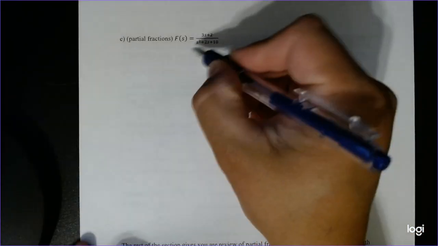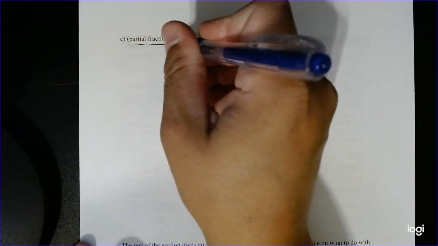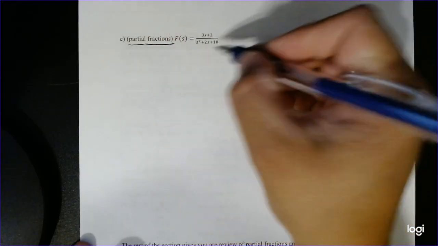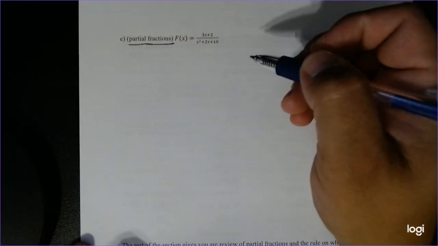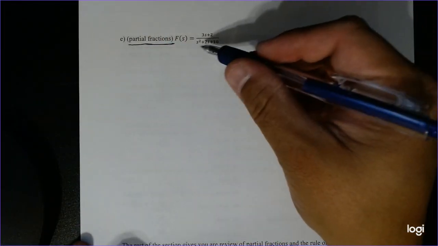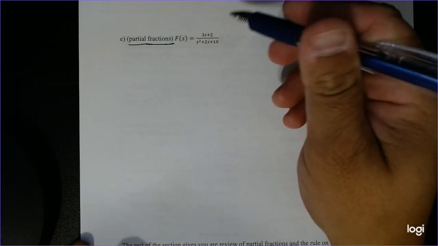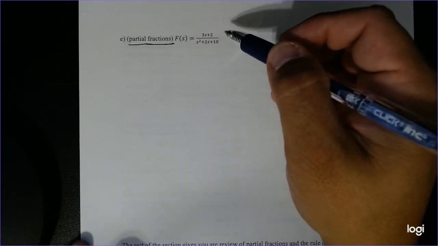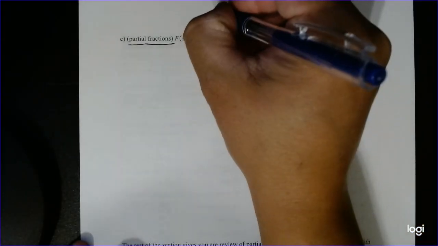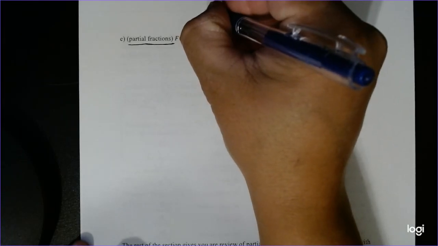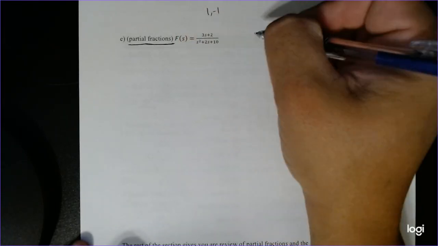So first off, when I give you the hint of partial fractions, I got to split up the fractions somehow. Unfortunately, I cannot actually break up the bottom into a nice beautiful one, so we'll just keep doing the same process we've been doing, completing the square. So in this case, completing the square will be 2 over 2 squared is going to be 1, so I'm going to add and subtract 1 to this bottom part.